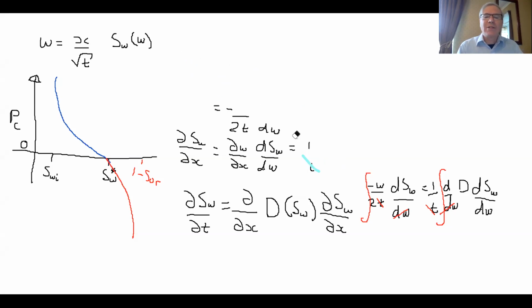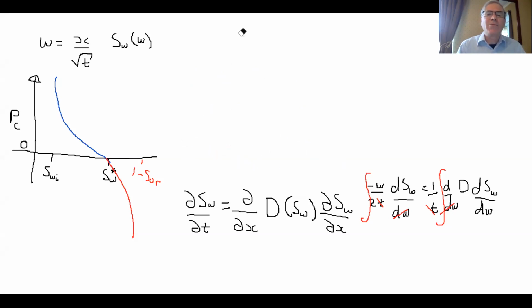So that was the first trick, the use of these variables, but that was relatively straightforward. What we end up with now is minus the integral of w dsw equals, and I'm going to put the 2 over here, 2d dsw by w.